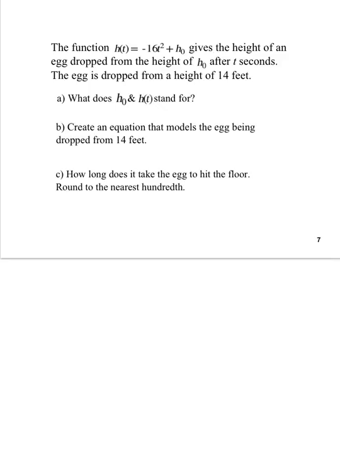Finally, we have the function h of t is equal to negative 16t squared plus h naught, which gives the height of an egg dropped from the height of h naught after t seconds. The egg is dropped from a height of 14 feet. So what do h naught and h of t stand for? Well, h naught stands for our height at t equals 0.